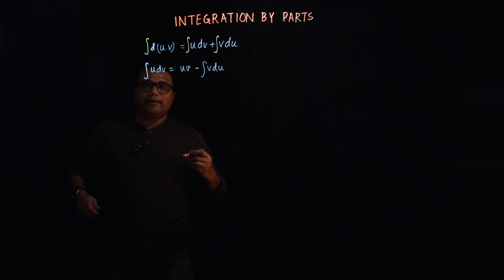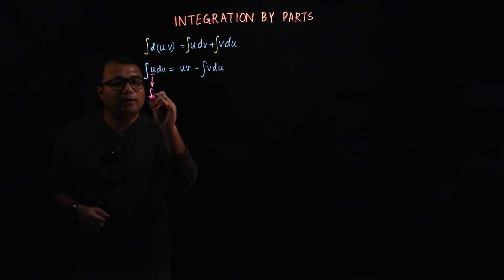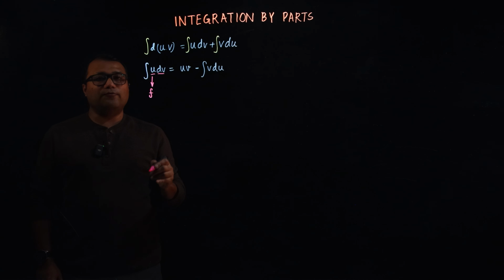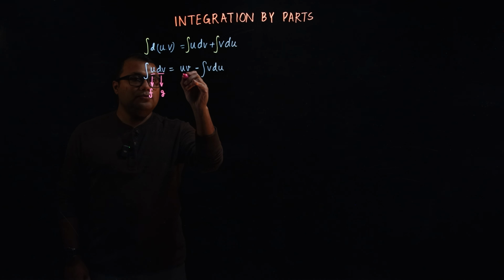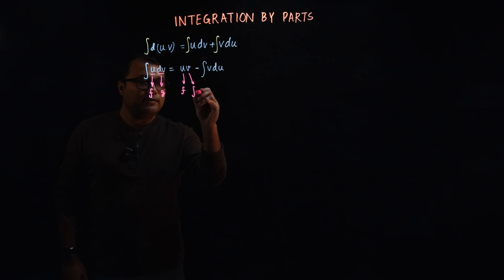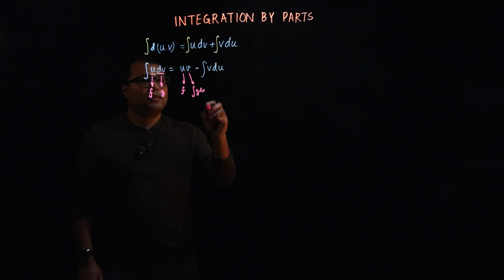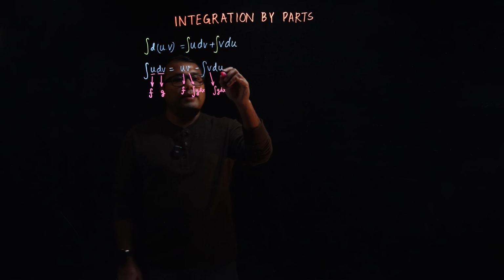Now let us say this function u is another function f. The derivative of v, dv, is g. Then u is still f, v is integral g dx, and du is f dashed.